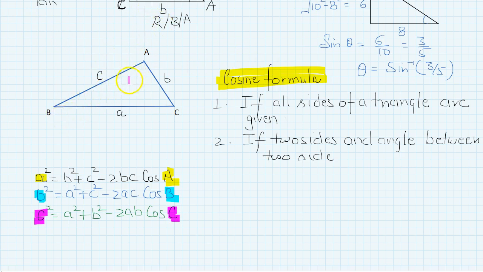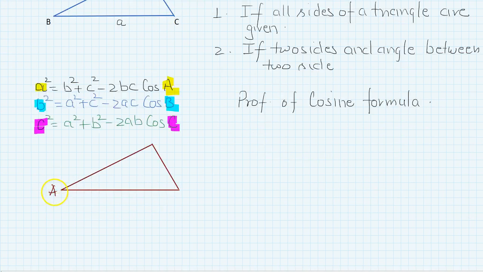Now how to prove this formula? This question may be asked, the proof of cosine formula. So this is a triangle, let this be A, this be B, and this be C. This one is c, this one is b, and this one is a. Because we know the formula for a right angle triangle, let's try to divide it into right angle triangles.